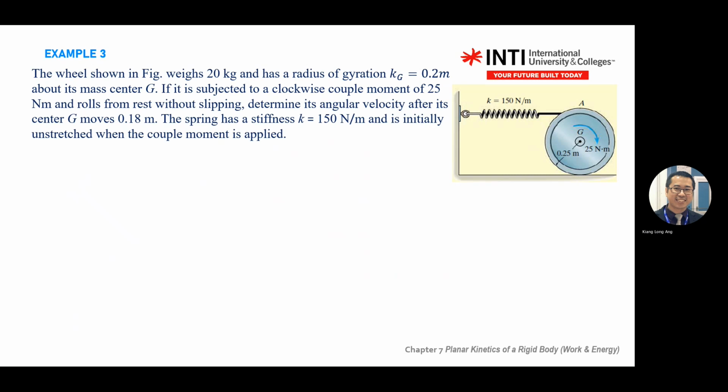Alright. Next, you look at the question. The wheel is given by mass, radius, radius of gyration k. You see k already, what formula do you need to call? When you see k, what formula do you need to use? M equals what?